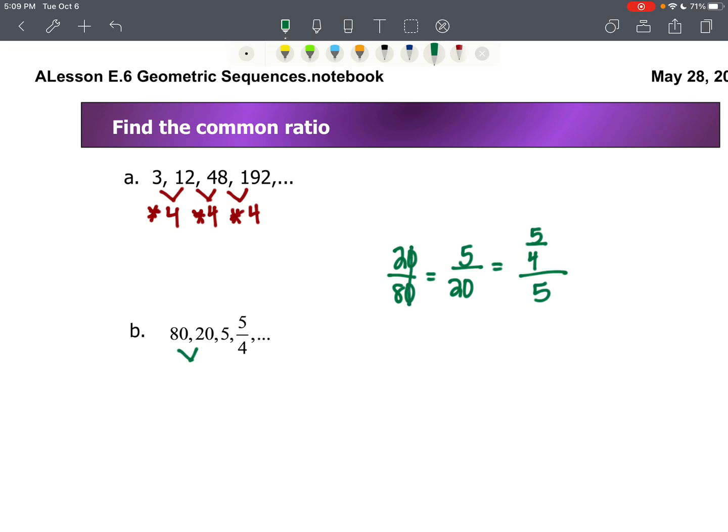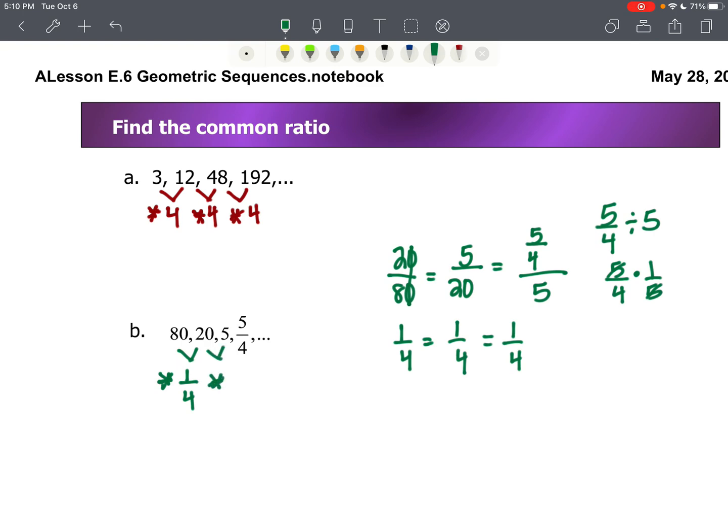Well, 20 divided by 80 is 1/4. 5 divided by 20 is 1/4. 5/4 divided by 5 is the same thing as 5/4 times 1/5, which is also 1/4. So the common ratio is 1/4. We multiply by 1/4 to get from one term to the next. So R equals 1/4.